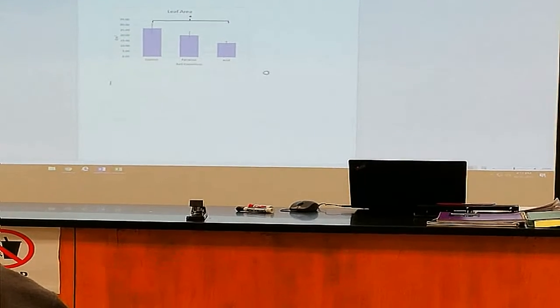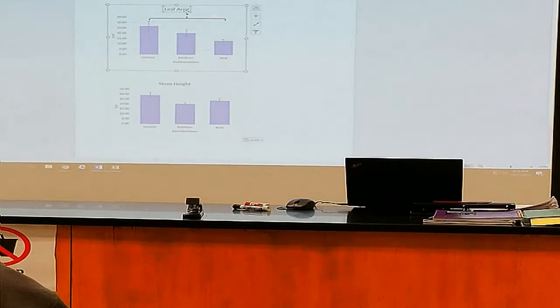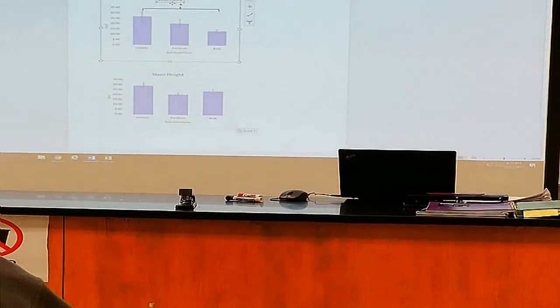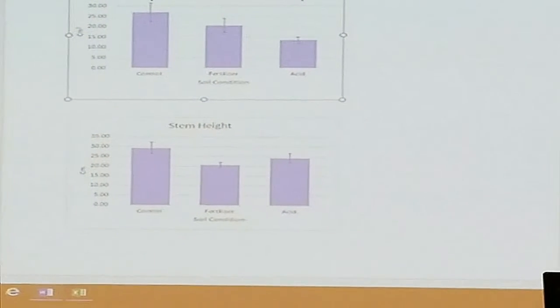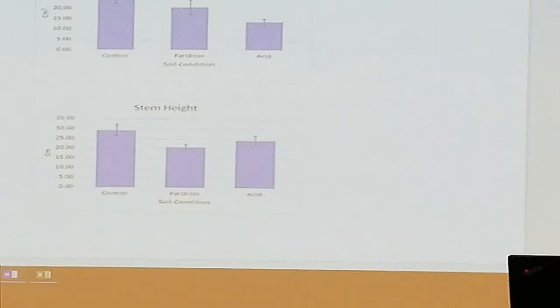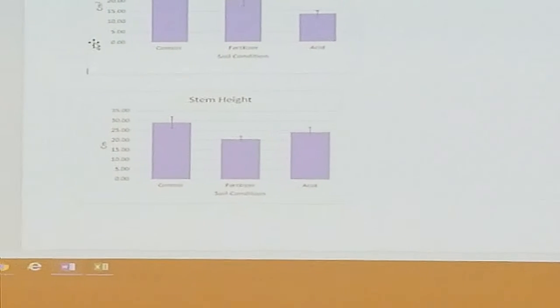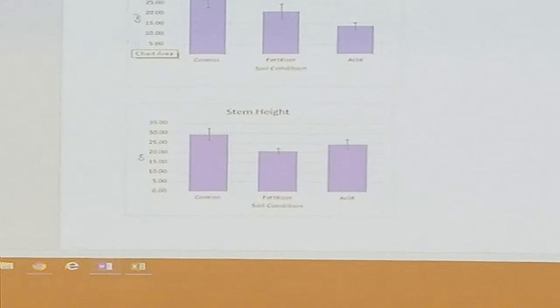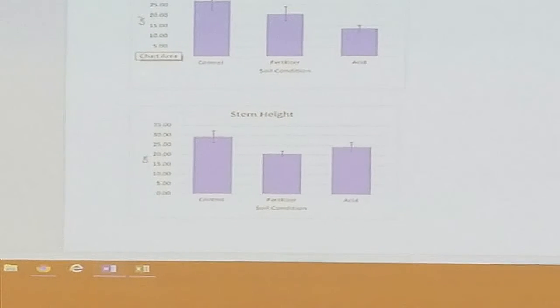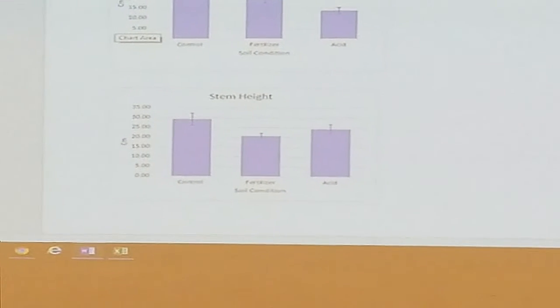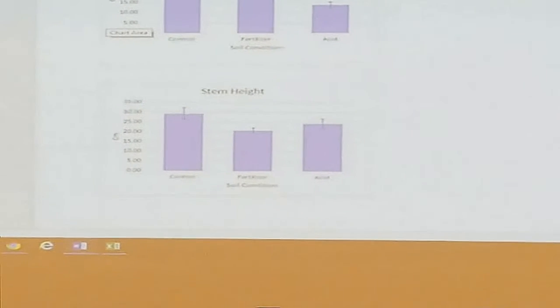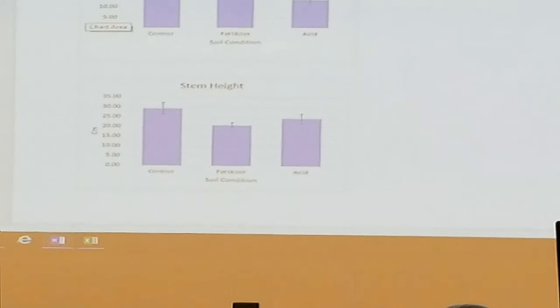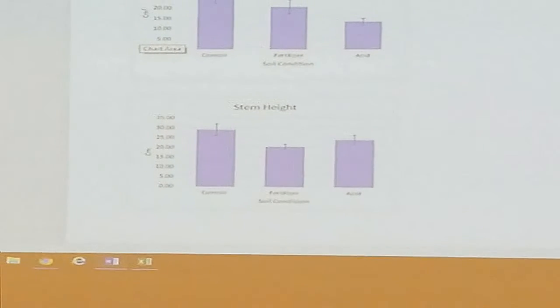And generally, the way that you would format these, this is how it would be in an actual paper, is that they usually don't have the title in there, like this says leaf area. It is usually just a graph, and then above the graph, they put a little legend that says something like this: Figure 1, the average leaf area of the 2 highest leaves or something.